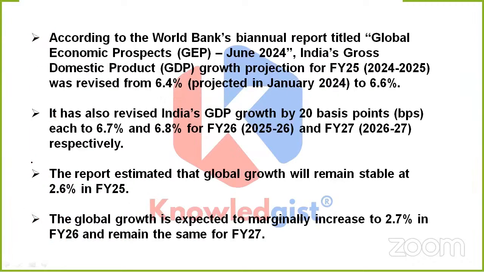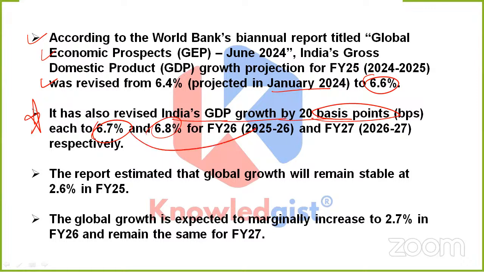That is World Bank. So according to the World Bank's biannual report, titled Global Economic Prospects June 2024, India's gross domestic product growth projection for FY25 was revised from 6.4%, which was projected in January 2024, to 6.6%. Apart from it, this is important, it has also revised India's GDP growth by 20 basis points, to 6.7% and 6.8%.